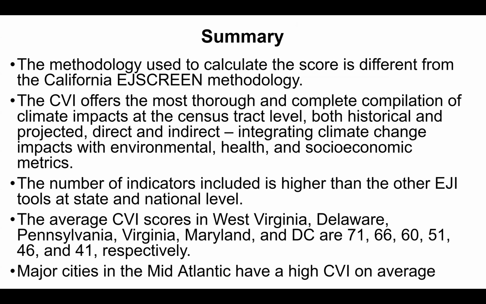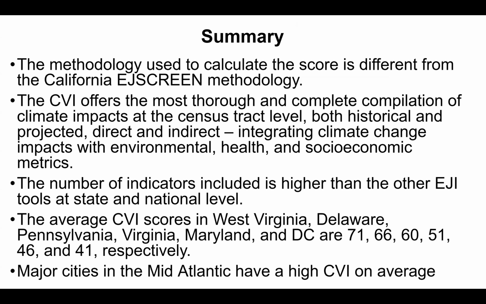Overall, to summarize the methodology, the CVI or climate vulnerability index used a different methodology compared to the California and other screening tools, because they integrate all those data together.